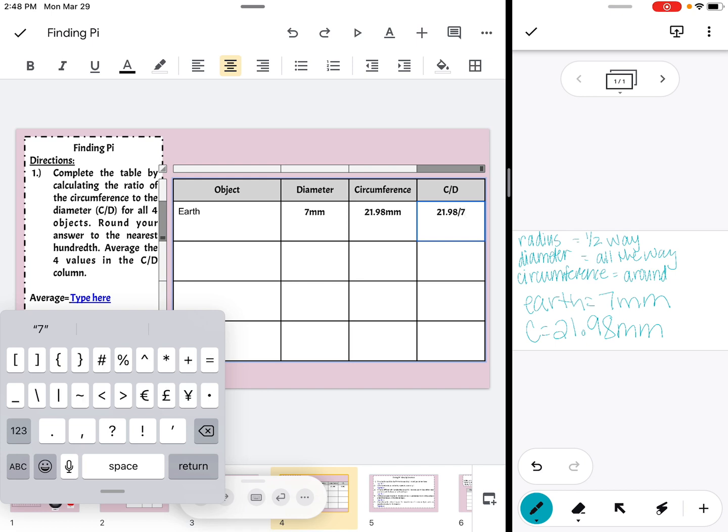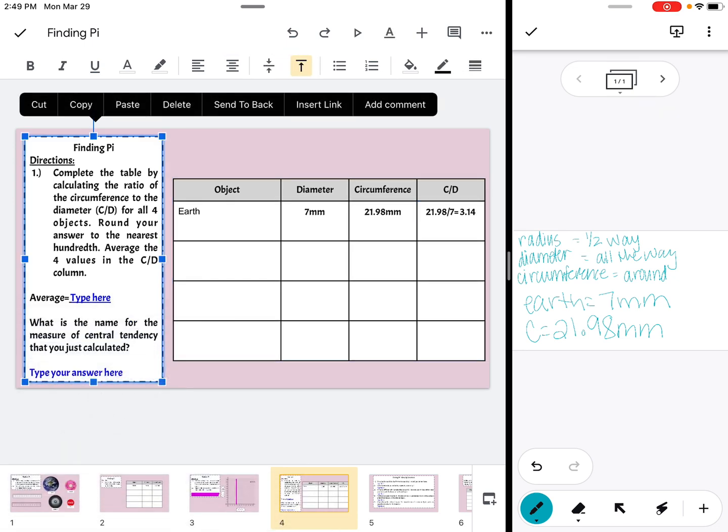And then I'm going to see what that equals. I'm going to divide it out over here on my piece of paper. 21.98 divided by 7 gives me 3.14.